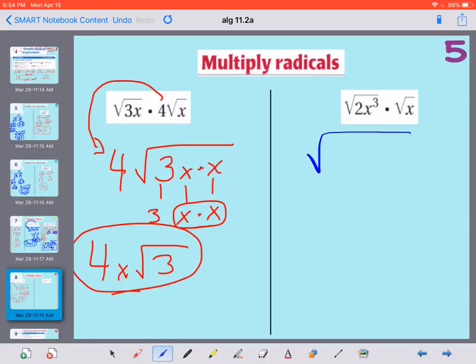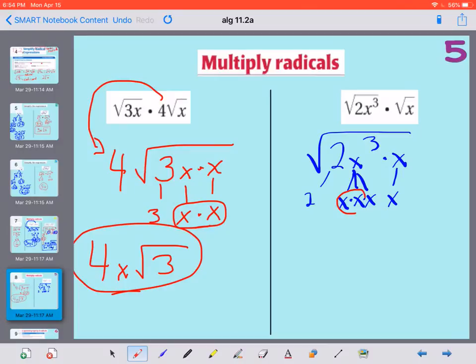Here the square root of now 2x cubed times x. X cubed can be split into 1, 2, 3 x's. Then we have 1 x here and just a 2 here.